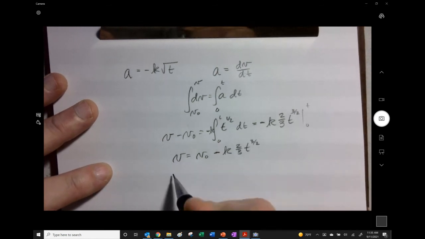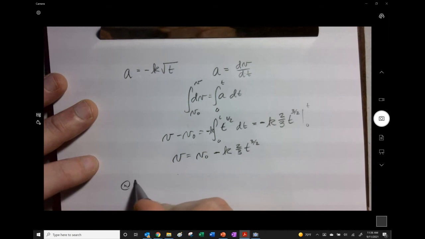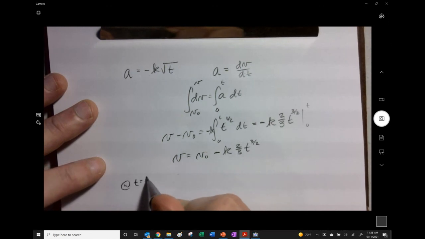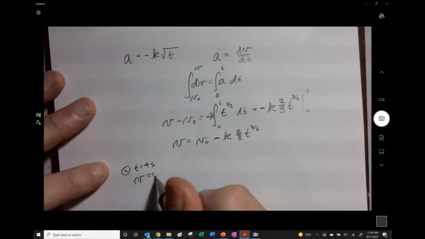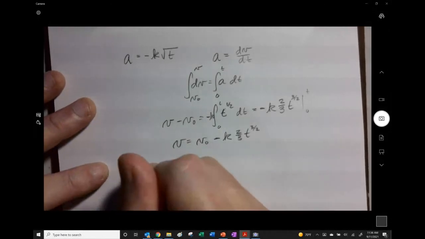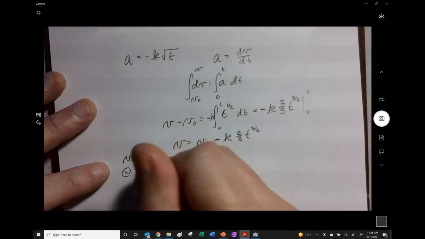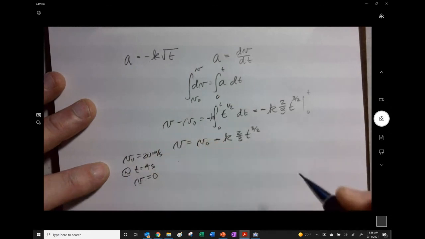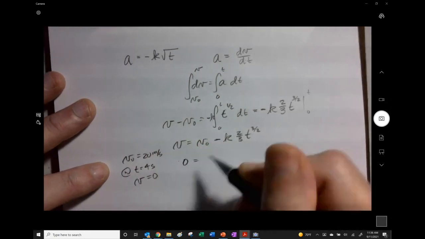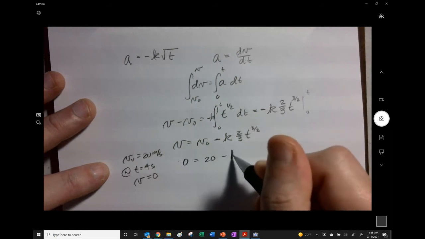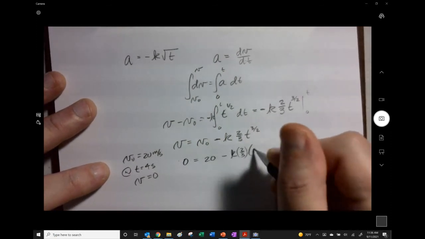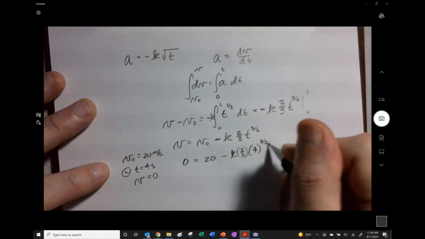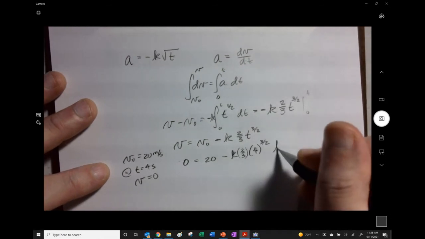So that means that at t equals 4 seconds, v is equal to 0 when VO is equal to 20 meters per second. So that means 0 is equal to 20 minus k 2/3 4 to the 3/2. So we can find k.